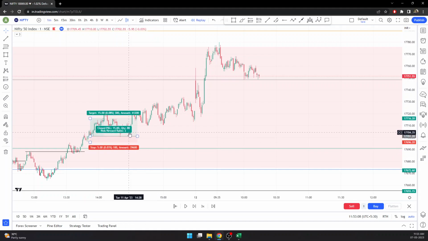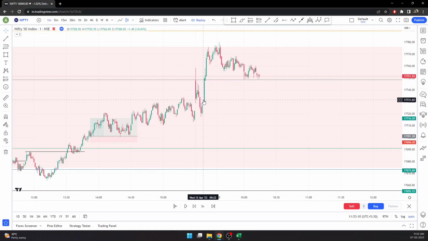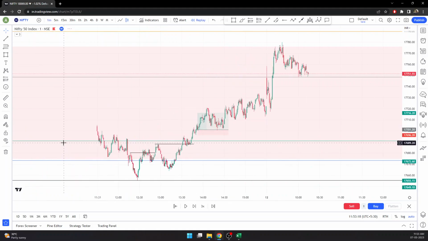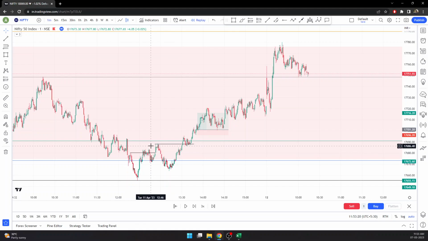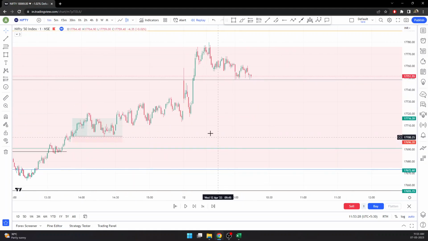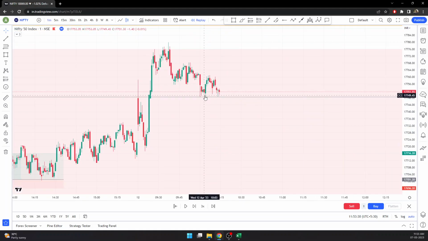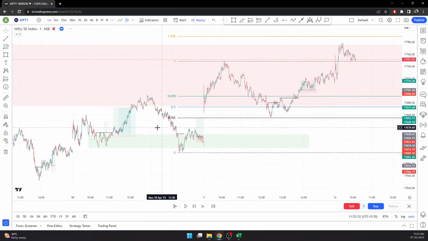It came back to this particular level and gives a very beautiful move. But sometimes what happens is the buyers make an entry today and it pushes above the earlier highs on the next day. So that is what happened here, and that is what happened here as well.